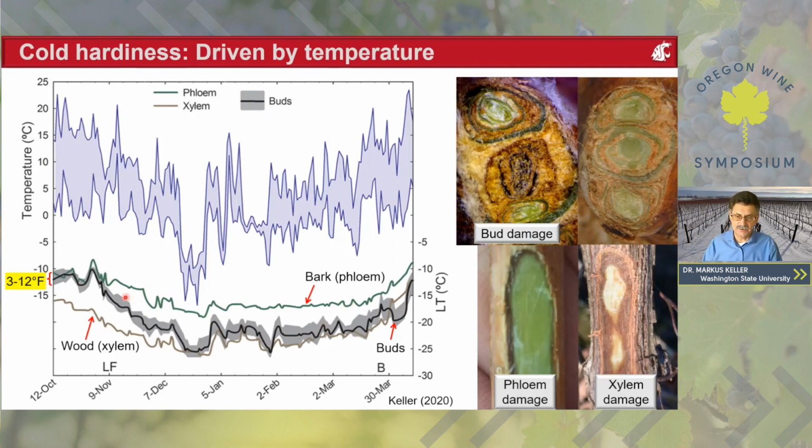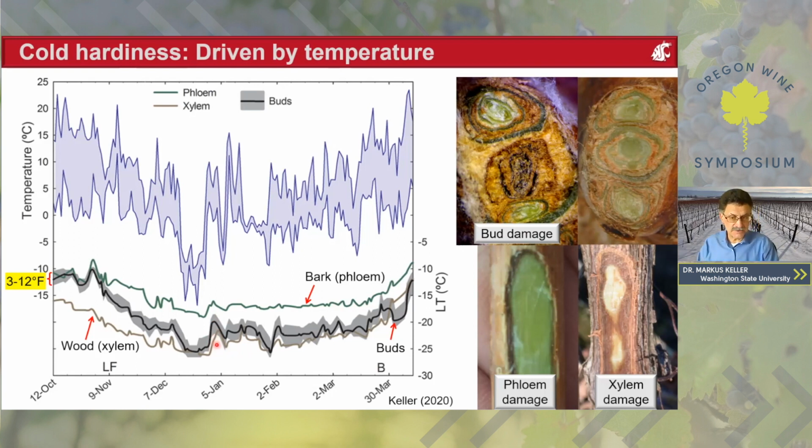And the xylem is usually the hardiest part of the plant, but it too responds to temperature fluctuations because of this sugar-starch interconversion. So this happens throughout the winter, and it happens because sugar, yes, it lowers the freezing point, but it also attracts water into the bud. So as it gets warm and moist, the bud has to convert sugar back into starch, and it comes at the cost of a loss in hardiness.